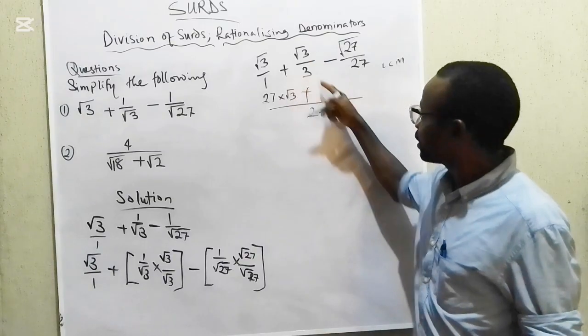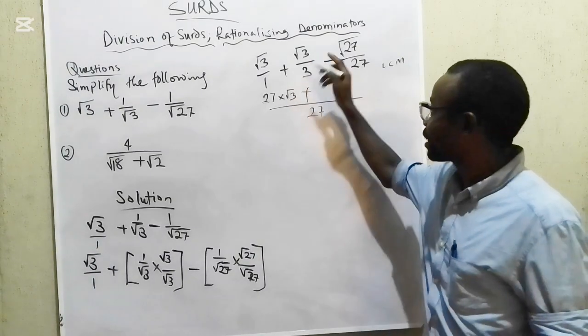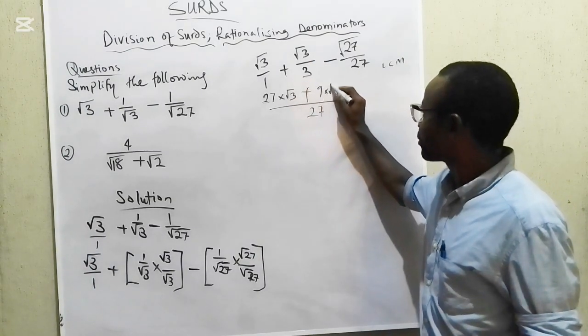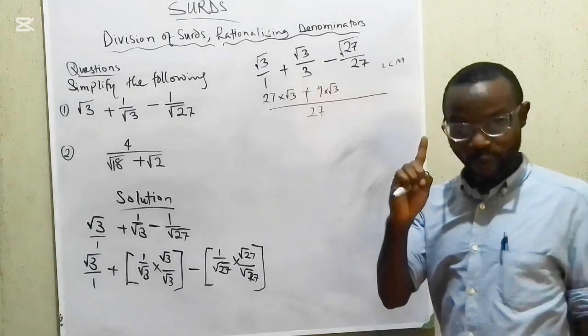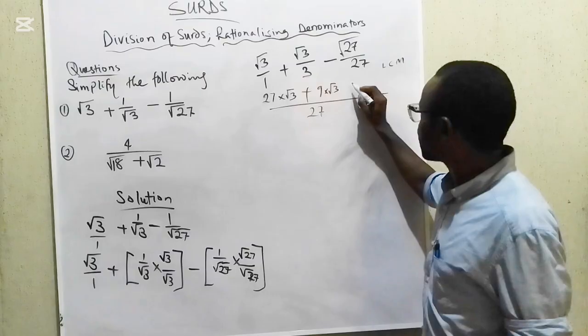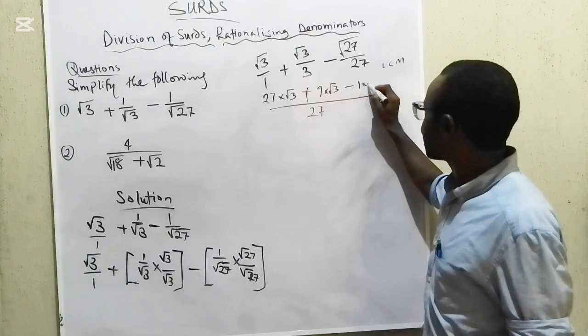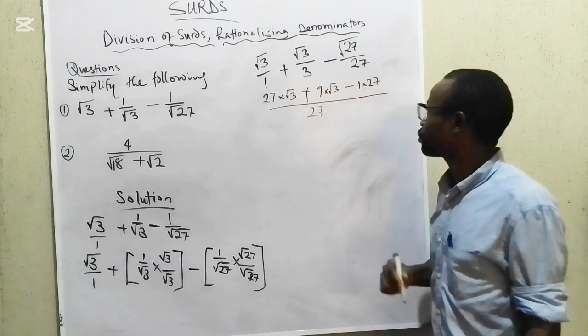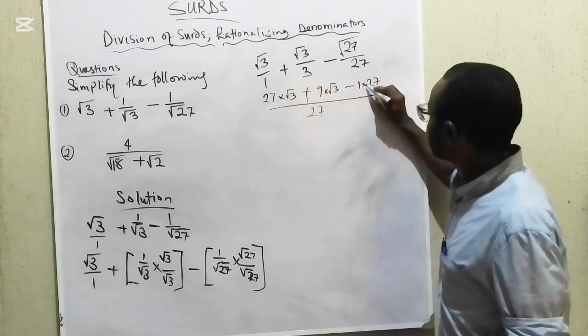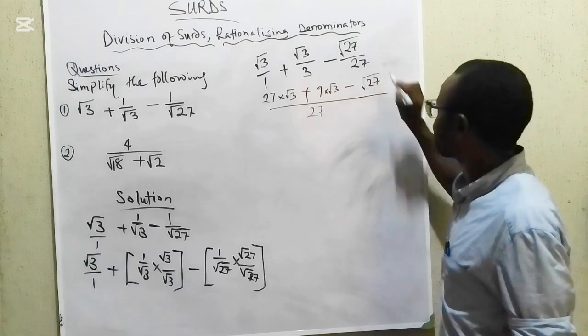Plus 3 into 27 is 9. 9 times root 3 is going to be 9 root 3. And then 27 into 27 is 1. So 1 times root 27, that is, just root 27.